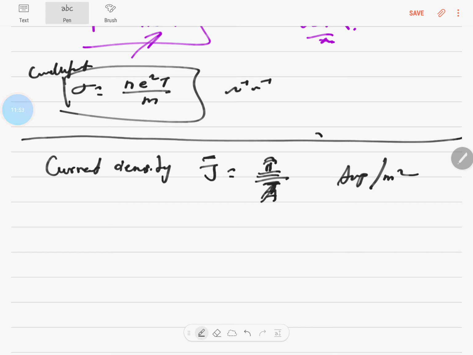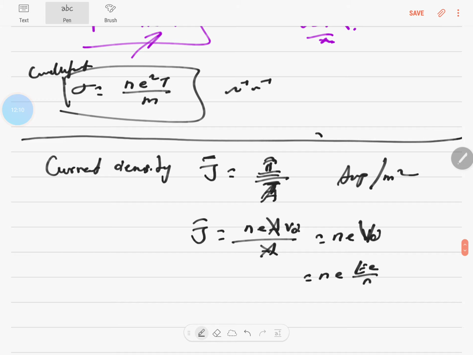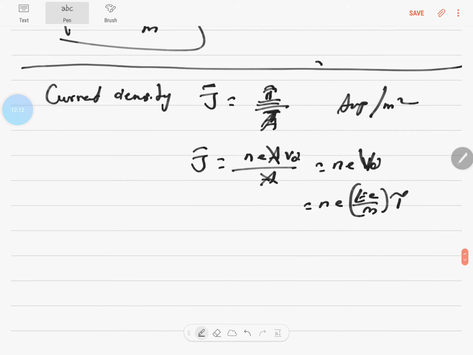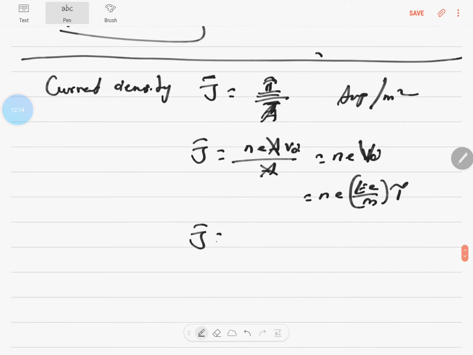This is current density. But you know that current density is I by A; instead of I, you can write nevdA by A. So A and A get cancelled, which results in nevd. And vd itself is the drift velocity, which is capital E times small e by m into relaxation time t. So the current density J is equal to ne squared t by m into capital E. I'm just rearranging them.